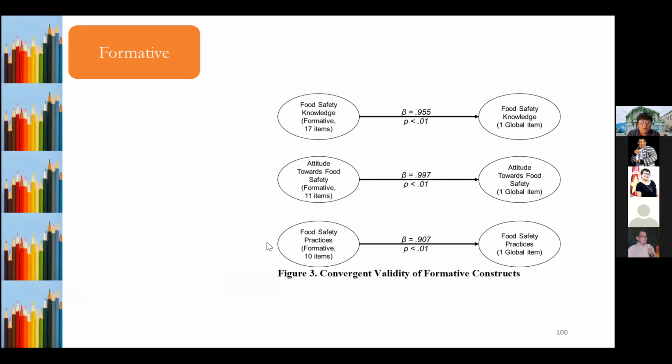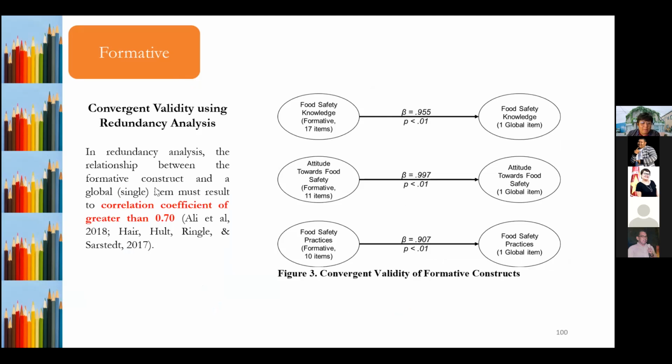The purpose of the global item is so we can measure convergent validity using redundancy analysis. In redundancy analysis, if we have 18 items in food safety knowledge, one of them is the global item. Am I right?